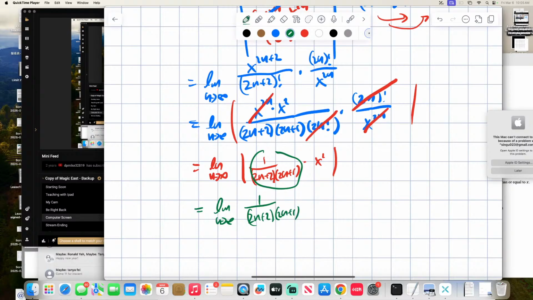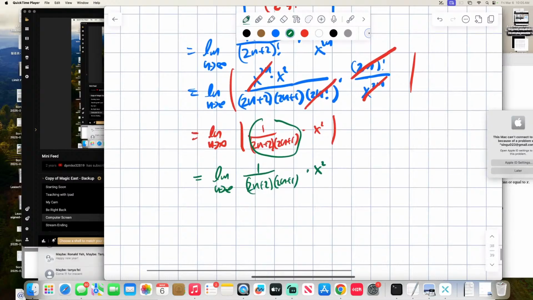Now, x squared is also always positive, so we don't need the absolute value anymore. x squared can go away. Absolute value can go away now. Am I going too fast? What happened here? This is going to what? This one's going to 0, right?